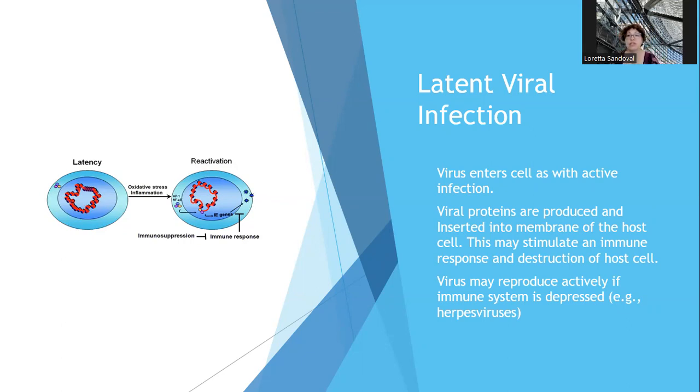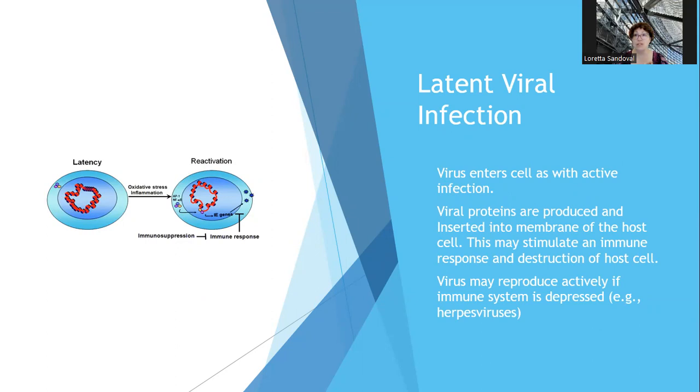Sometimes a virus can reproduce actively if the immune system is depressed. So herpes virus is an example of a latent viral infection that just sort of hangs out and waits till your immune system's down, and then it expresses itself. Unfortunately, those guys tend to stay with us for a long time.